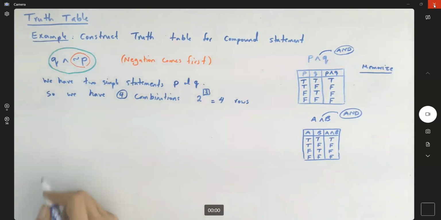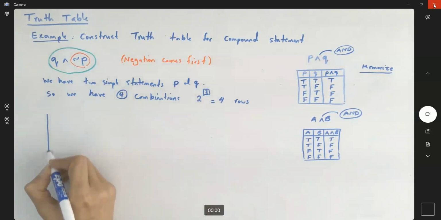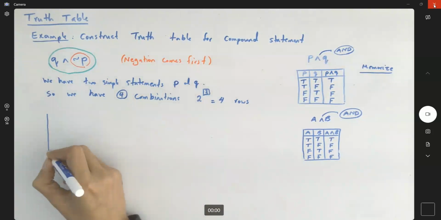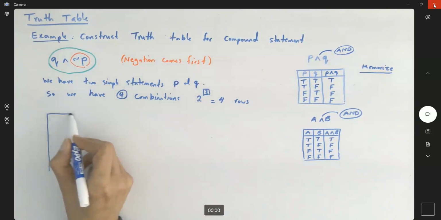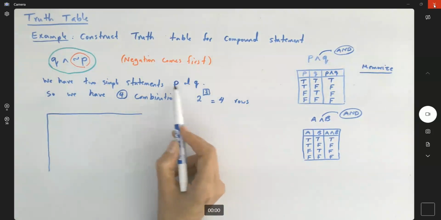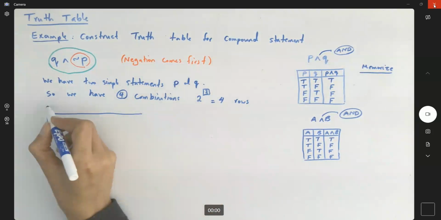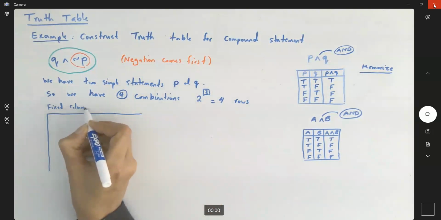Okay, let us construct tables. Columns. Let me make sure it's graphed completely vertically. Since you have 2 simple statements, you're going to have 2 fixed columns.